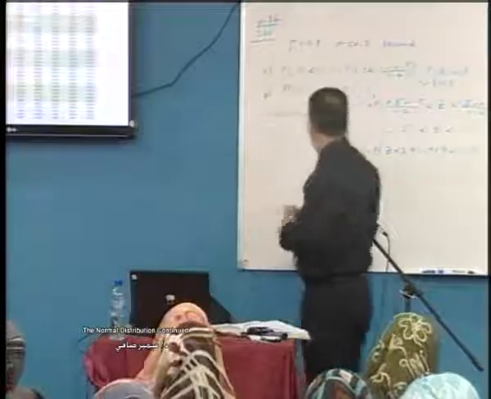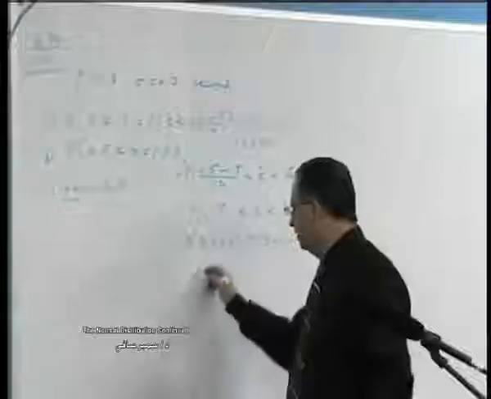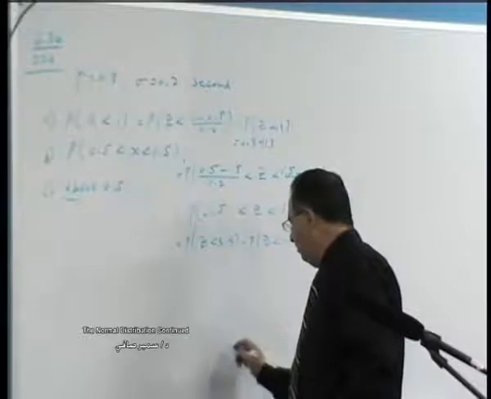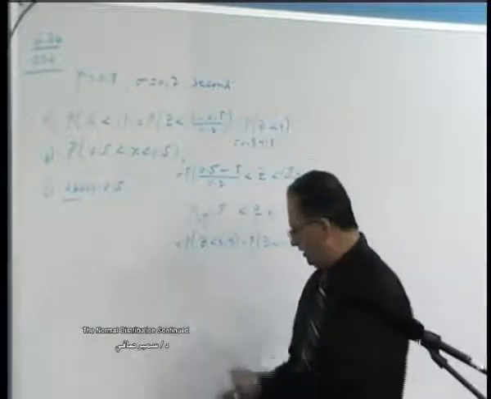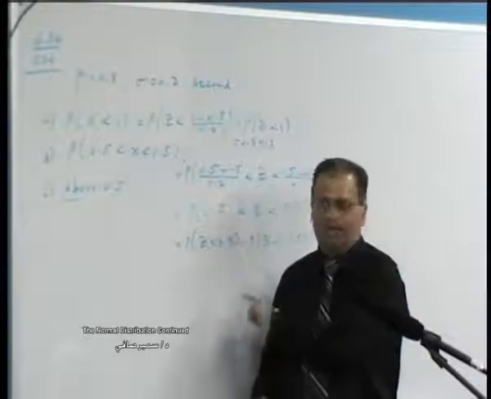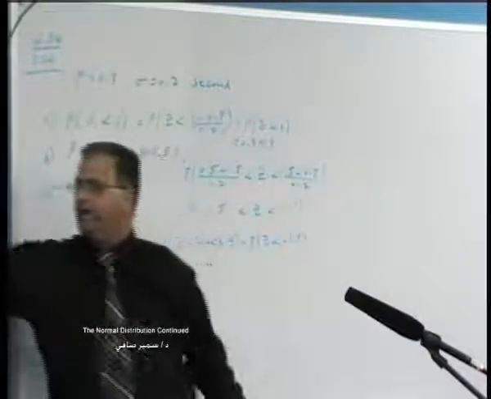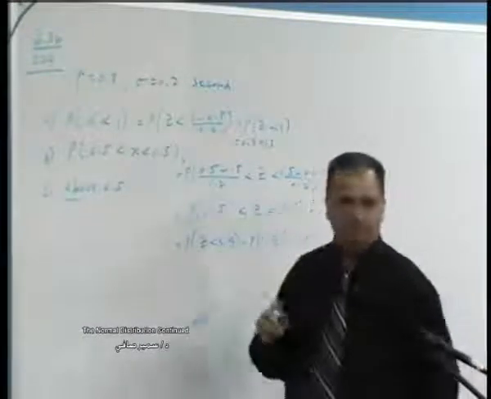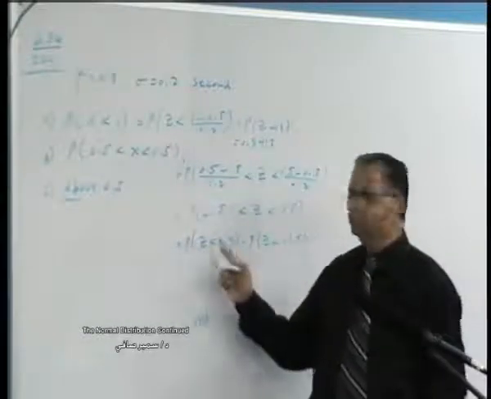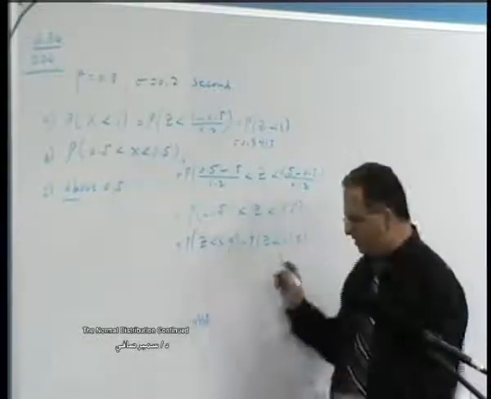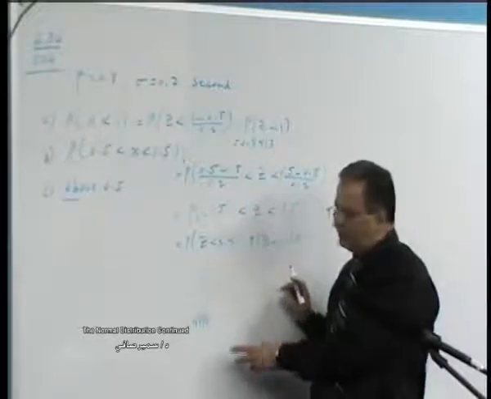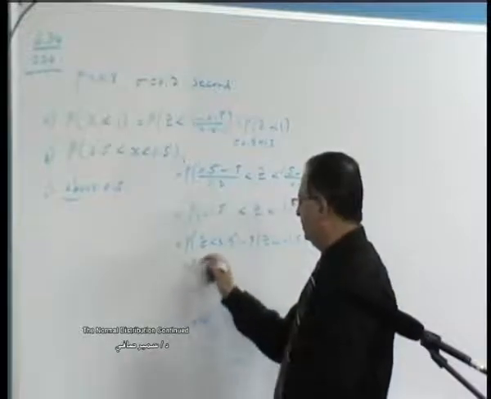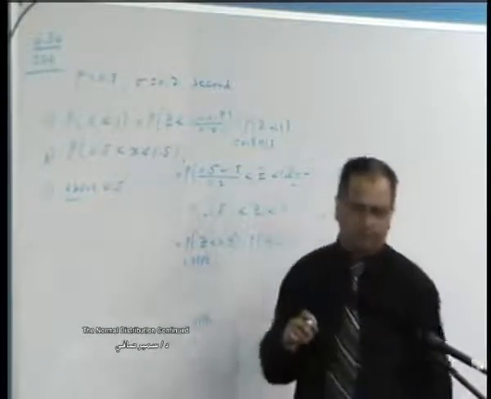So I only have P of z less than this value, and the corresponding area is 9998. But for this example we are looking for P of z smaller than 3.5, which is roughly equal to 3.49. So the answer is approximately 9998.